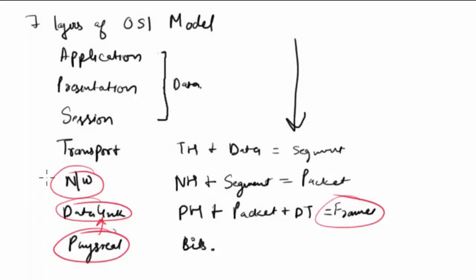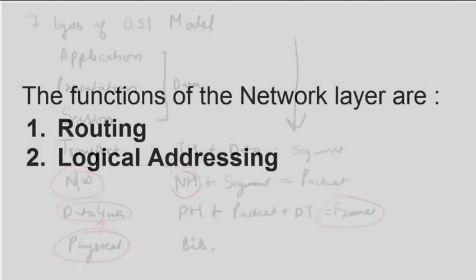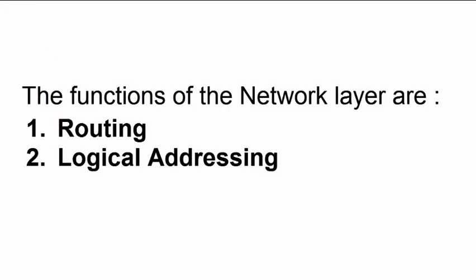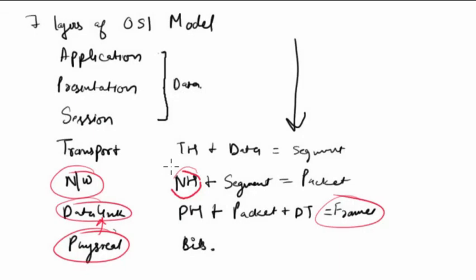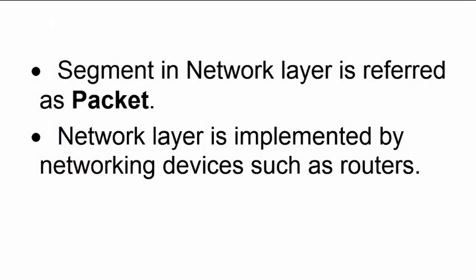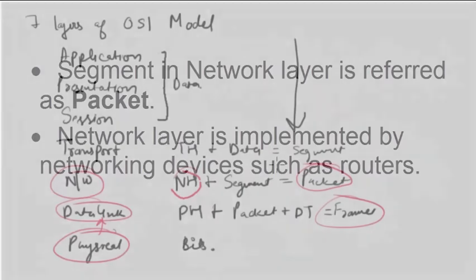As we have discussed, in the network header the sender's and receiver's IP addresses are placed. The functions of the network layer are routing and logical addressing. A segment in the network layer is referred to as a packet. The network layer is implemented by networking devices such as routers.